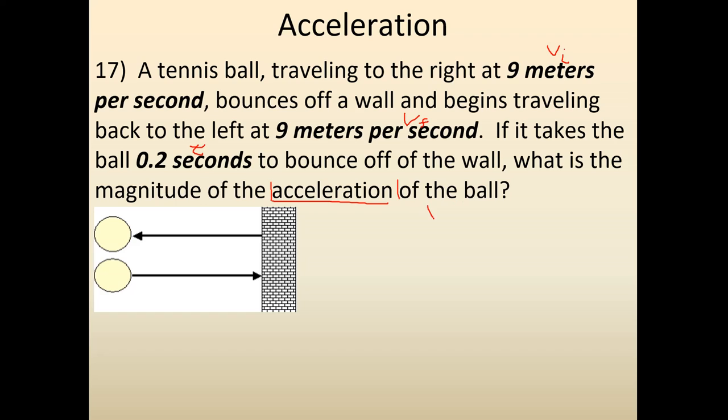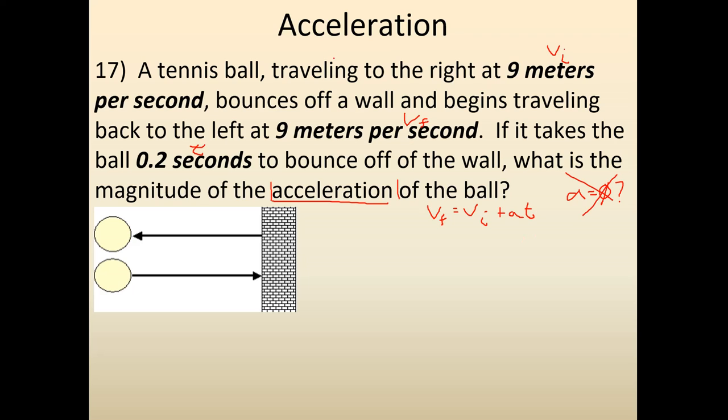So the equation I'm going to use is VF equals VI plus AT. Now here's the problem. I've been calling these speeds, but remember, in this equation, this is not just final speed and initial speed, it's technically final velocity and initial velocity, which means there's one thing that is very important: direction. Most likely, a lot of you have probably put in 9 here, 9 here, and ended up getting that the acceleration was 0, but that doesn't make sense.